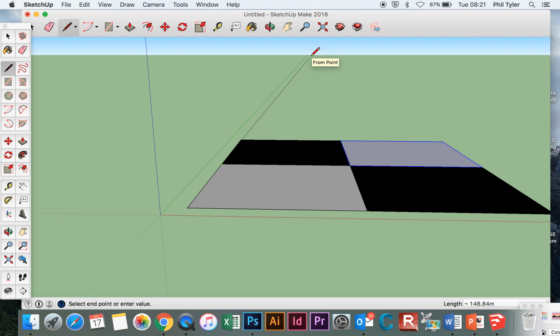So if I keep going and draw that line there, then do another line from here and draw off into the distance. And then draw another line from here off into the distance.